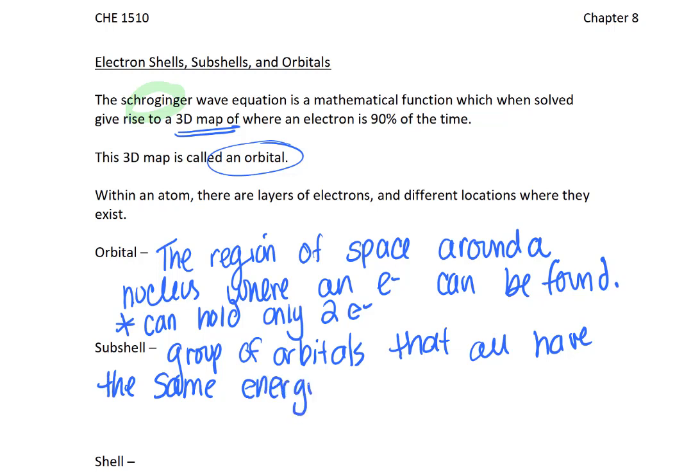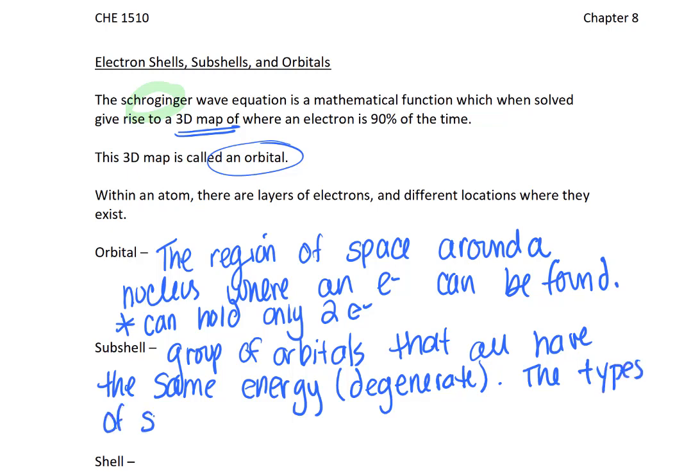When orbitals have the same energy, it's called degenerate. So the types of subshells are called S, P, D, and F. And as we'll see later on, each subshell contains a specific number of orbitals.